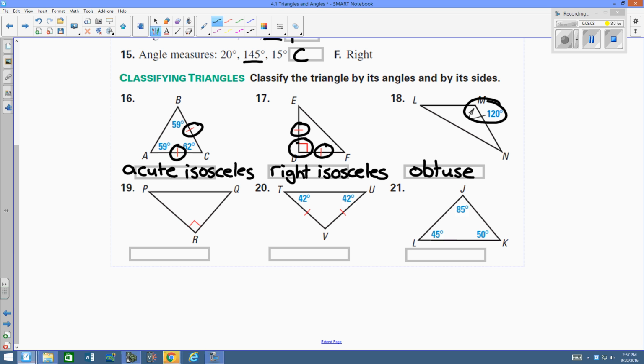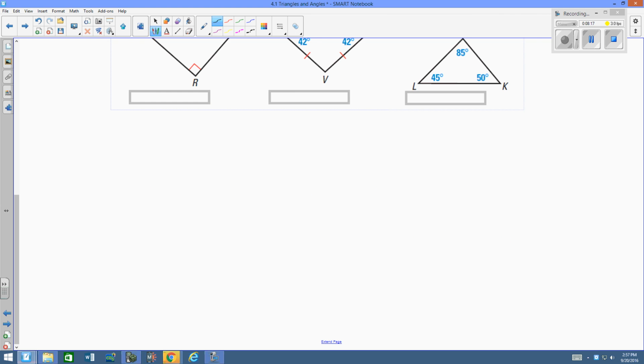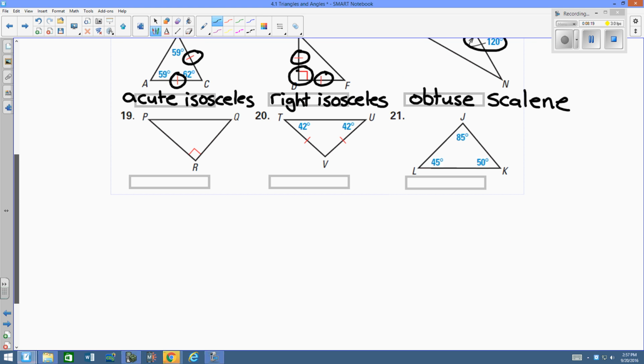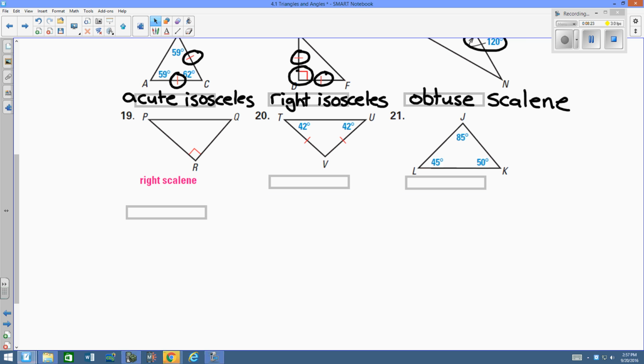It has no congruence marks, so all 3 sides are different, so obtuse, scalene. We can follow that pattern for the rest of these, and we'll get our answers as a right scalene, an acute isosceles, or obtuse.